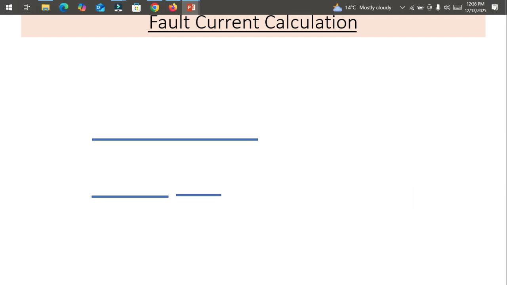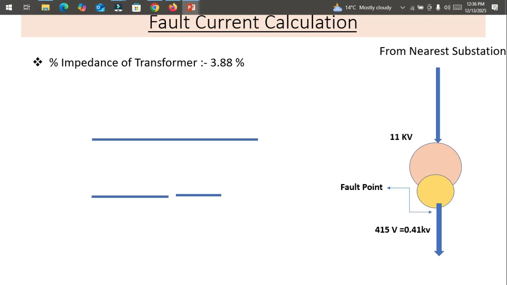Now finally we have to calculate the fault current. To calculate the fault current, we have considered the percentage impedance from the nameplate, 3.88%. Now this is the formula for fault current calculation. Let's put the values.